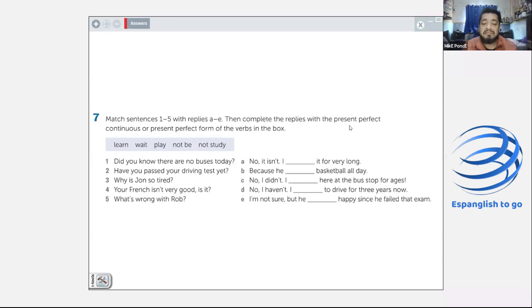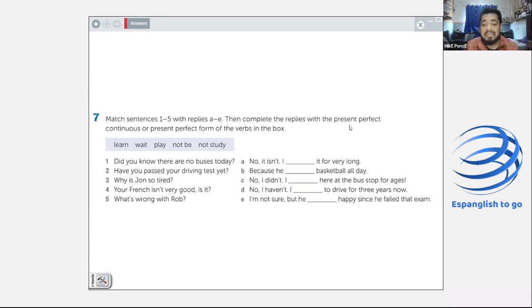The question is, number 1, did you know there are no buses today? Have you passed your driving test yet for number 2? Number 3, why is John so tired? Number 4, your French isn't very good, is it? And number 5, what's wrong with Rob? Then you have to match these questions with the answers A to E.